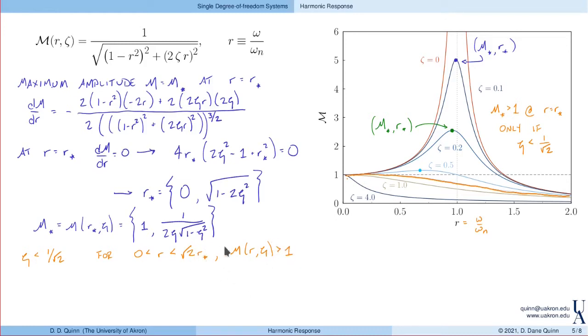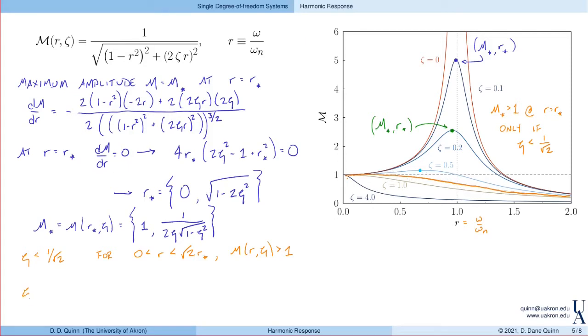And for larger values of the forcing frequency, m is less than 1. So again, this implies that the dynamic amplitude is greater than the static amplitude if r is less than, well, square root of 2 times r star, right?